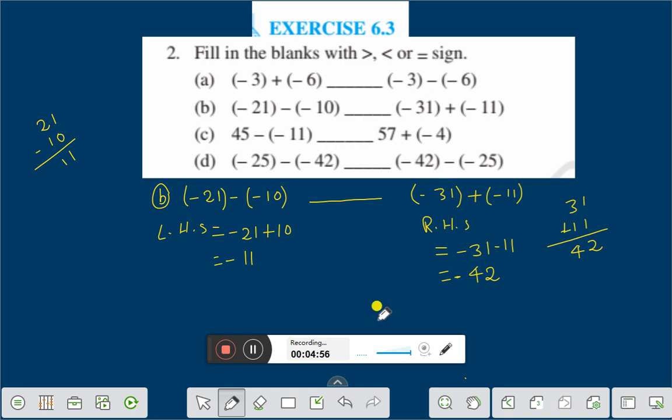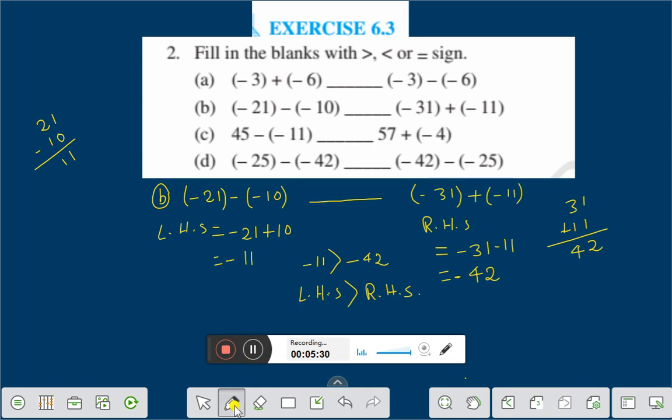Now you have to say which one is greater and which one is less. I say minus 11 is greater than minus 42. Or you can say that left hand side is greater than right hand side, right?